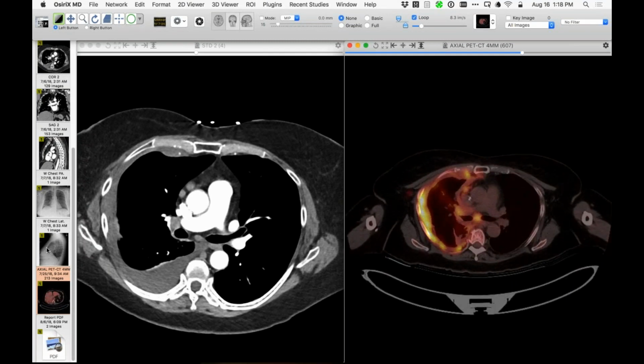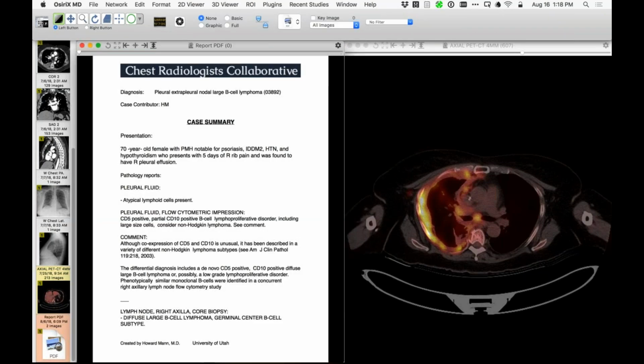So this is lymphoma. There were abnormal lymphocytes in the pleural fluid suggestive of a lymphoma. Subsequently, one of the axillary lymph nodes was sampled under ultrasound guidance and also revealed the lymphoma. So this turns out to be, let me have a look at it there, a nodal large B-cell lymphoma, as you see there.